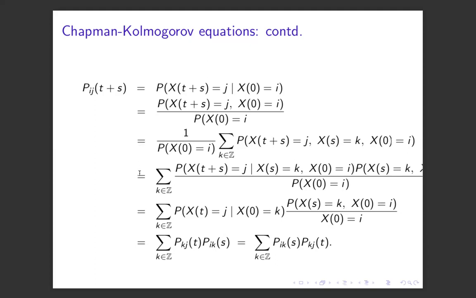Coming from this step to this step, we have basically used the fact that probability of A intersection B is equal to probability of A given B multiplied with probability of B, where A is this event and B is this event. What got cut off here is just the probability X_s equal to k and X_0 equal to i.